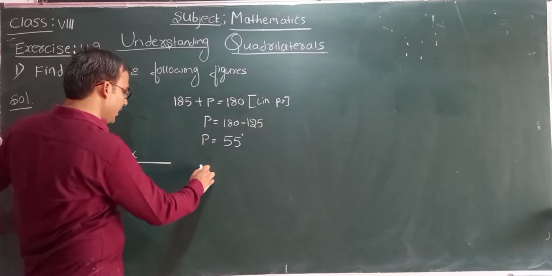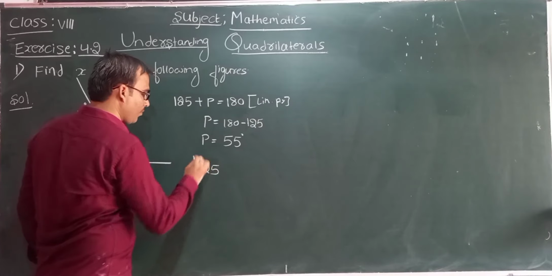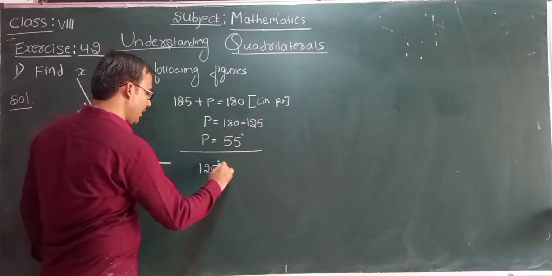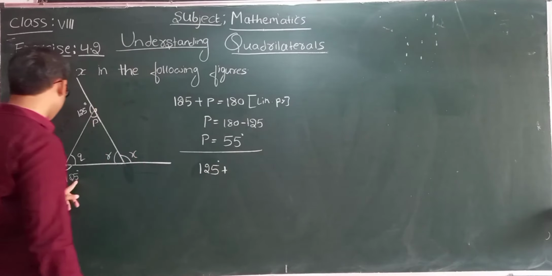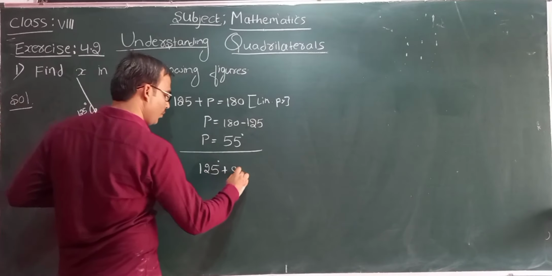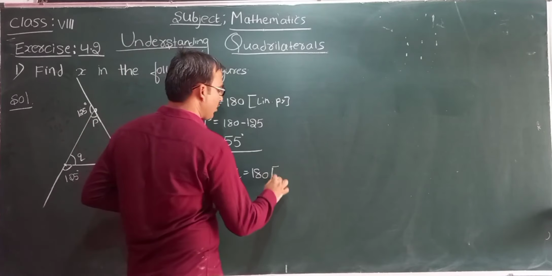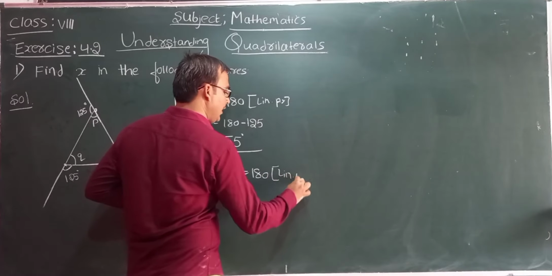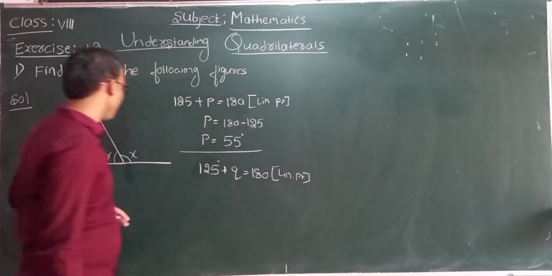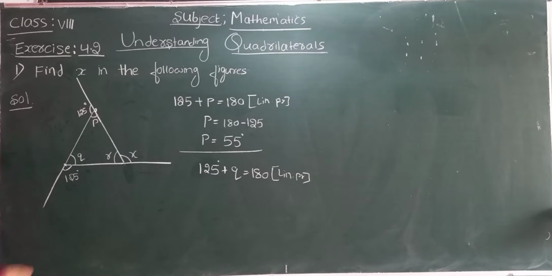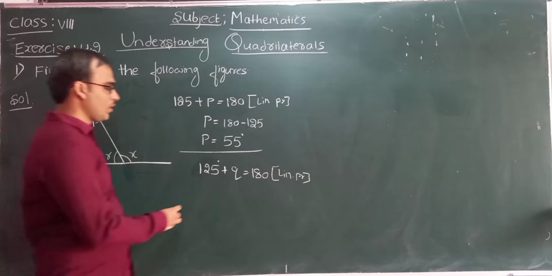Next, at this point, we will find the value of Q. Here 125 degrees plus Q equals 180. This is also a linear pair, because at this point these two angles are forming a linear pair.